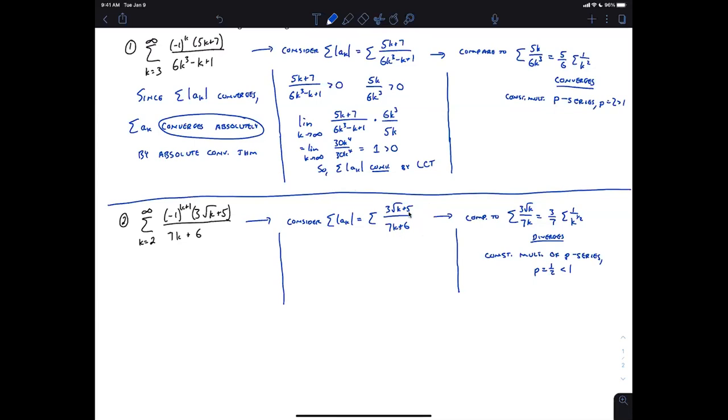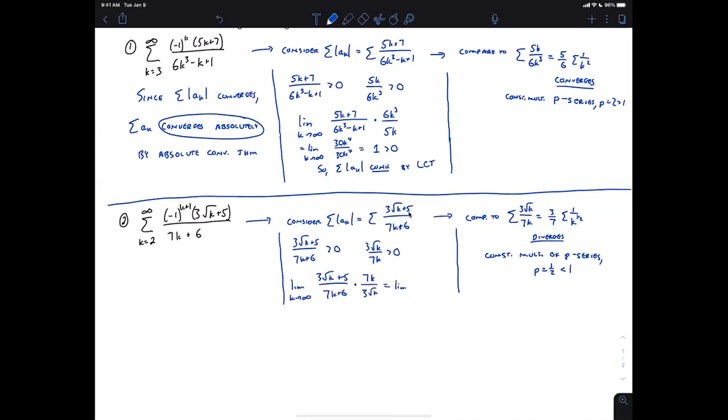So we should go and say, okay, well, (3 square root of k plus 5) over (7k plus 6), that's positive. And then 3 square root of k over 7k, that's positive. And now the limit as k approaches infinity of (3 square root k plus 5) over (7k plus 6) times the reciprocal of the one on the right.